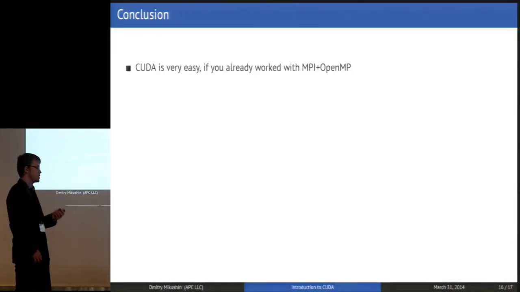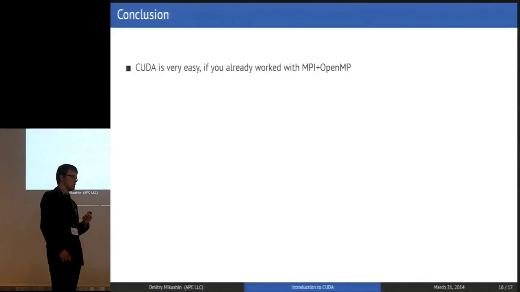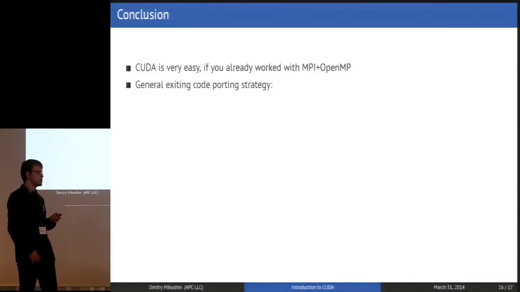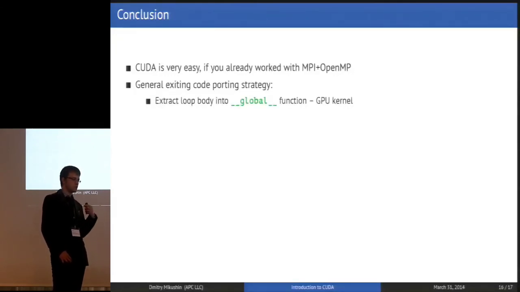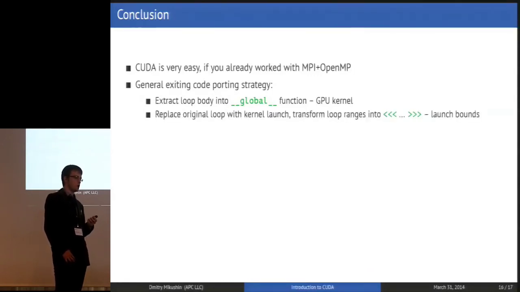Okay, so as a conclusion, I hope that I convinced you that CUDA is very easy, especially if you have already worked with MPI and OpenMP. The general strategy for porting existing code would be to extract the loop body into a global function, which is the GPU kernel, and replace the original loop with a kernel launch, where the launch bounds will be equivalent to our loop ranges.